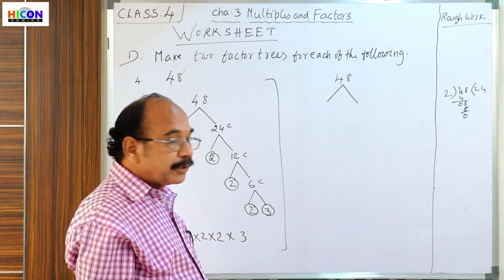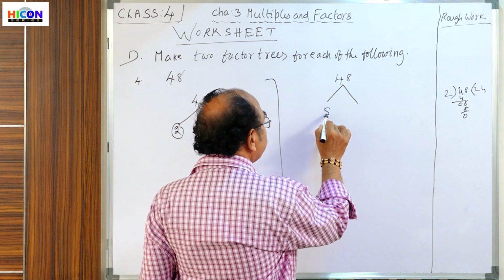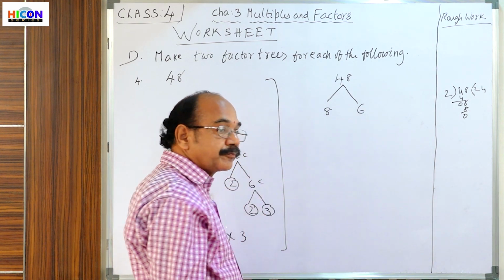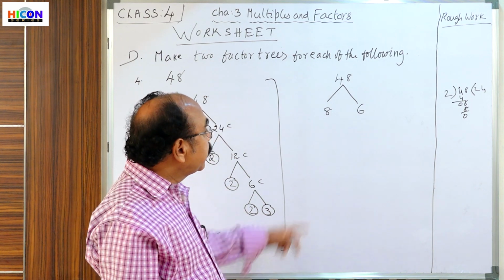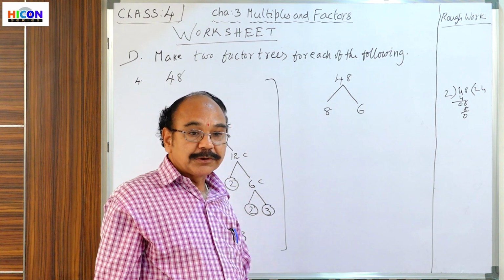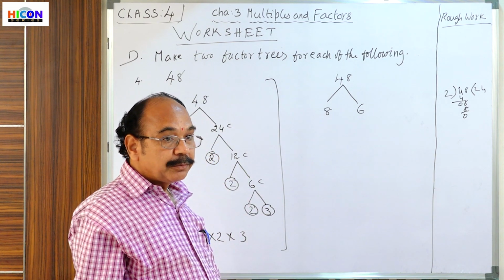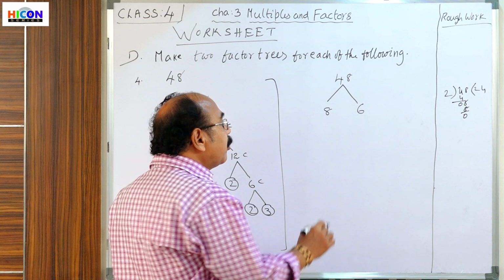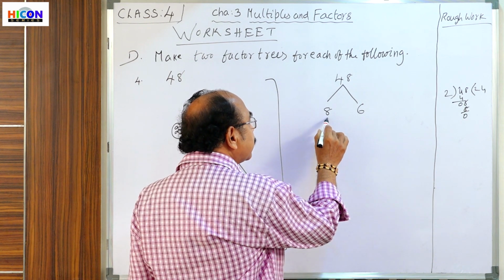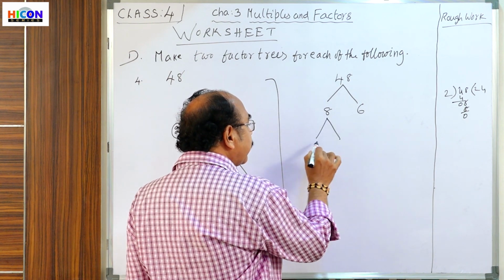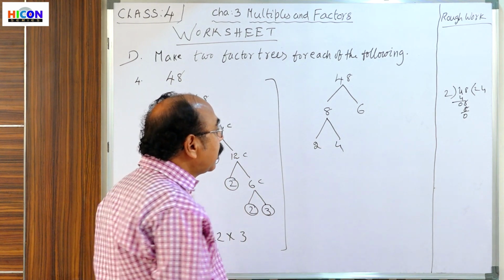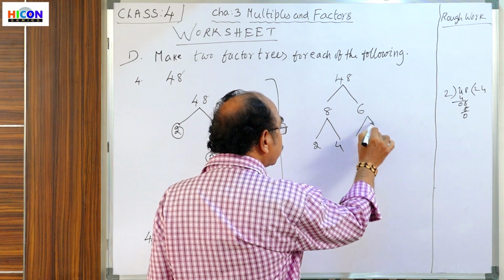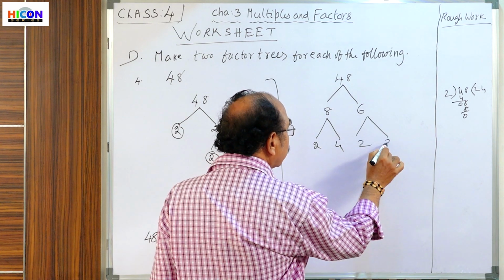Here 8 is composite and 6 is composite. So you break them. 8 can be broken as 2 4s are 8, and 6 can be broken as 2 3s are 6.